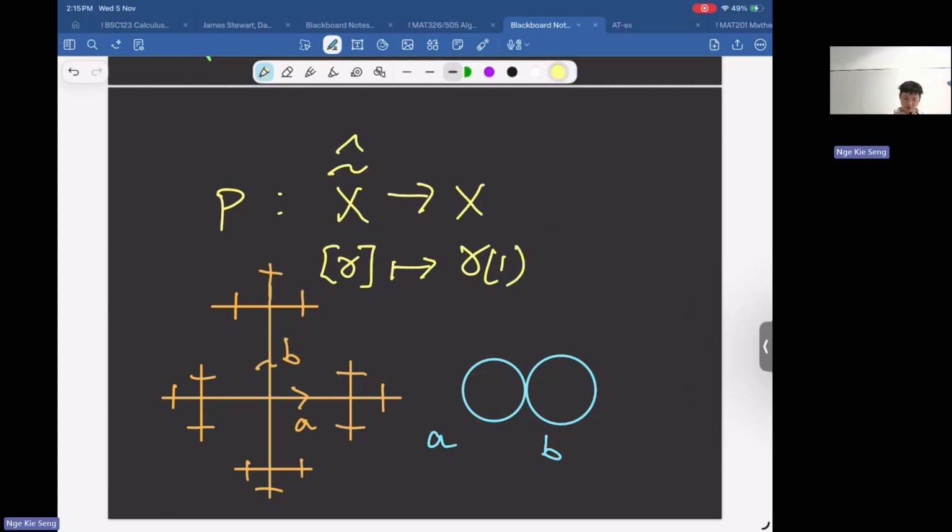Let's say you walk around A. Start from this base point here, maybe choose the base point here as well. So you walk one round, moving in the arrow direction, and you also walk one round here. What's the next move? You want to go along B?